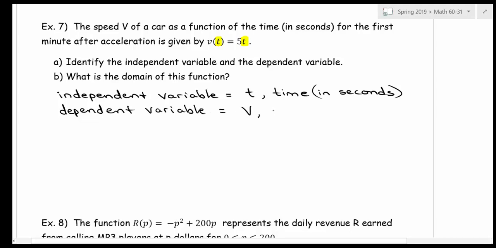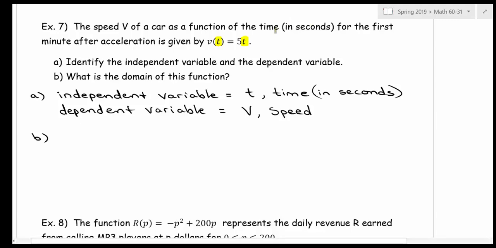or the speed. Now they didn't specify what the speed was here, so I'm not going to write down anything for the speed, like the unit of measure. I'm just going to write v, speed. That's our part A. Our part B, what is the domain of the function?